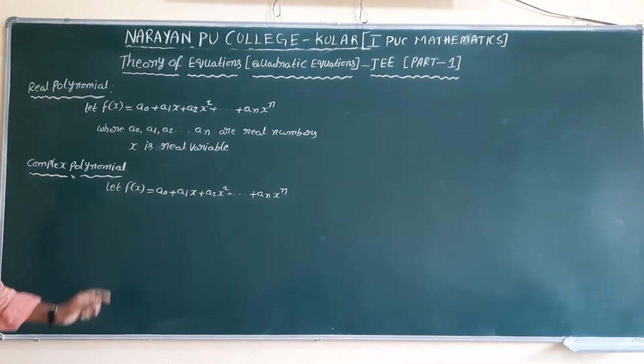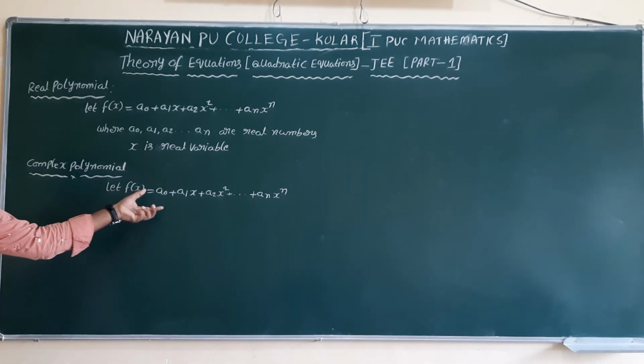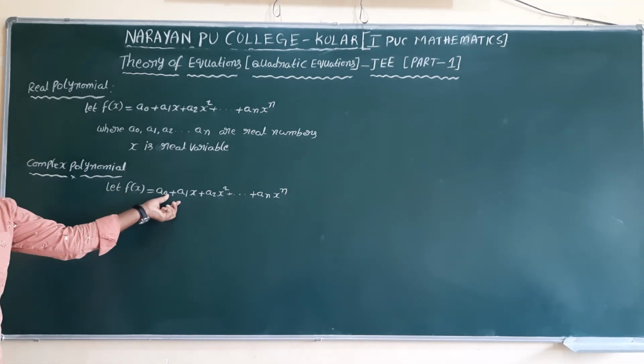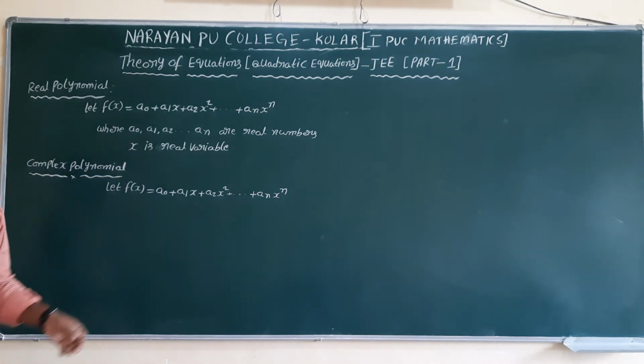Previously, the real polynomial had a real variable. Here, in the complex polynomial, the coefficients are complex numbers and the variable is a complex number variable.